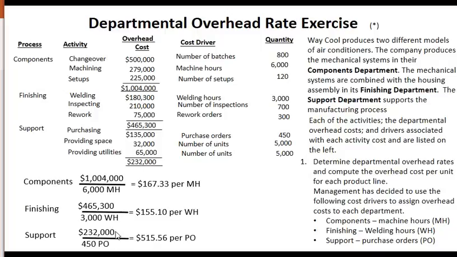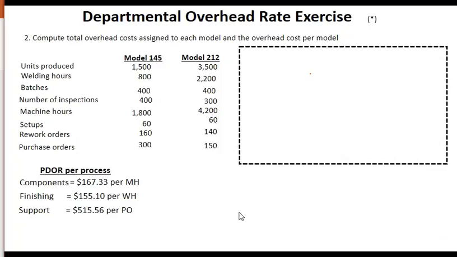That's our cost pool, and we're going to divide it by our cost driver, purchase orders, so it's $232,000 divided by 450 purchase orders. The cost per purchase order is going to be $515.56. Now we're going to go on and compute the total overhead cost assigned to each of these air conditioning models, and then the overhead cost per model.